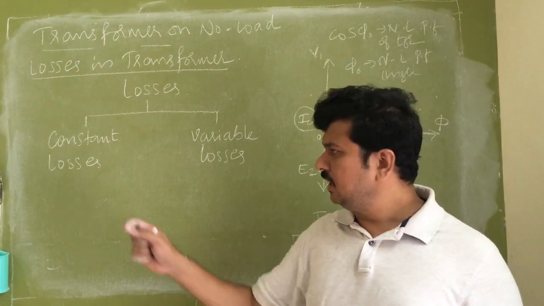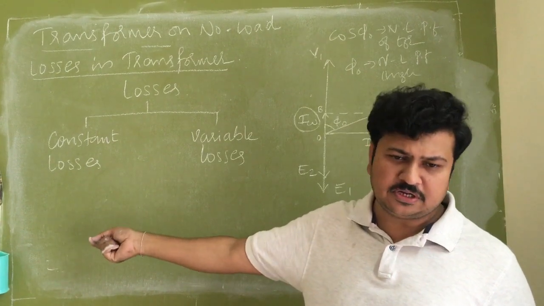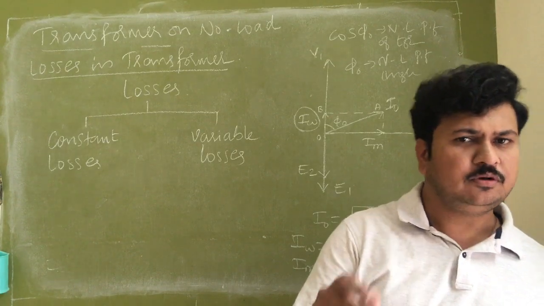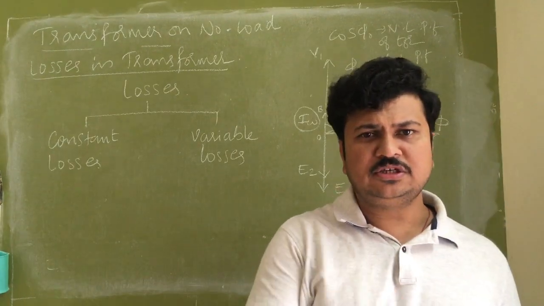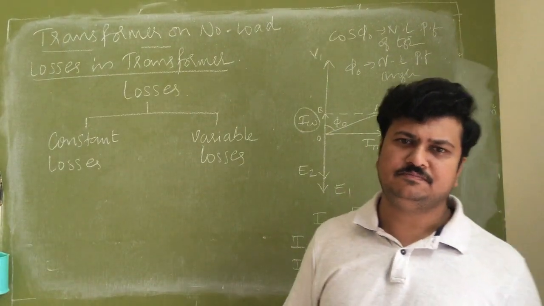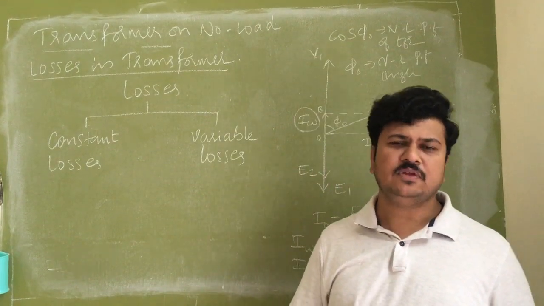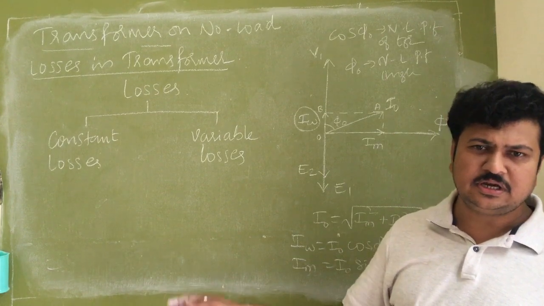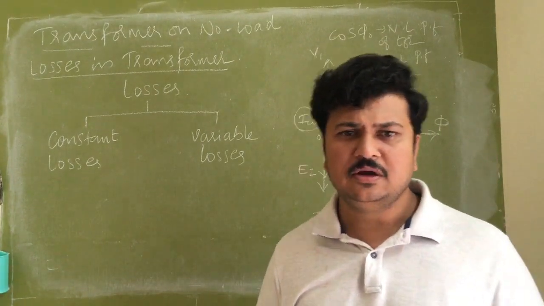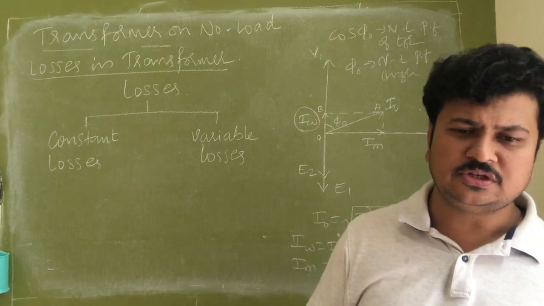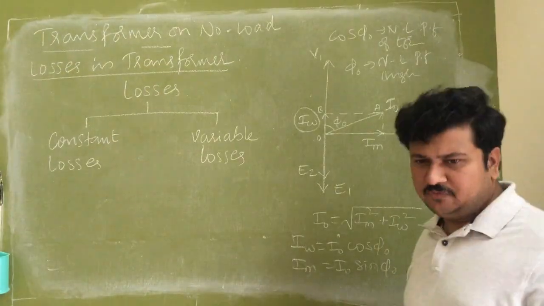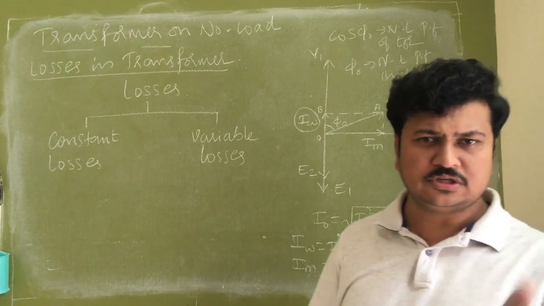Like I told, in the transformer no load operation, the moment I connect the primary winding of the transformer to the supply, losses start occurring in the core. So whether there is load on the secondary side or no load on the secondary side, core losses occur. Why do core losses occur? They occur because of the flux present in the core. If there is flux present in the core, core losses occur.